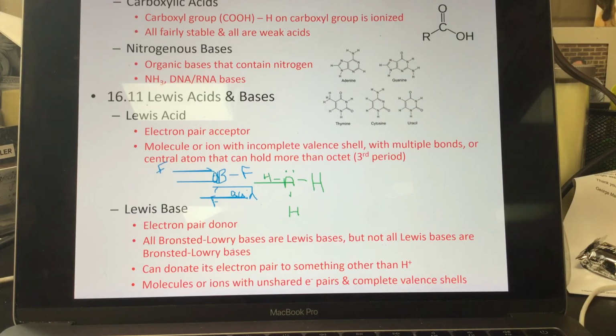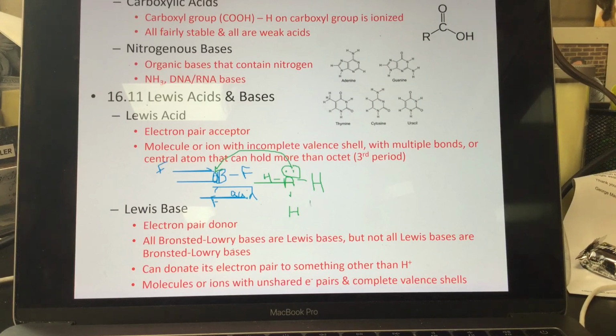So by drawing out their shapes, you can then see here we have on ammonia this unshared pair of electrons. So because it has this unshared pair of electrons, it can donate those electrons over here to boron trifluoride's vacancy.